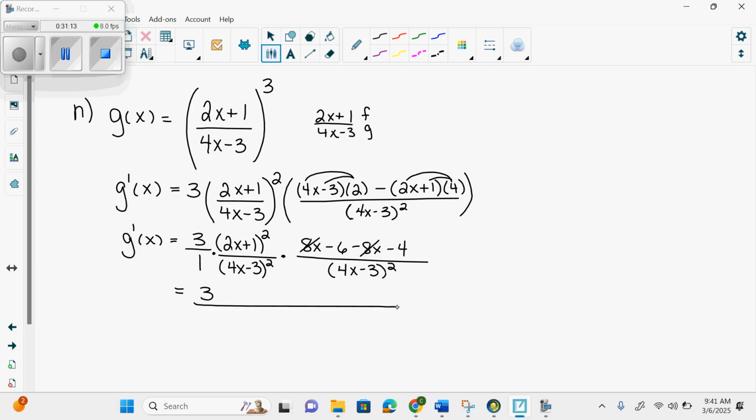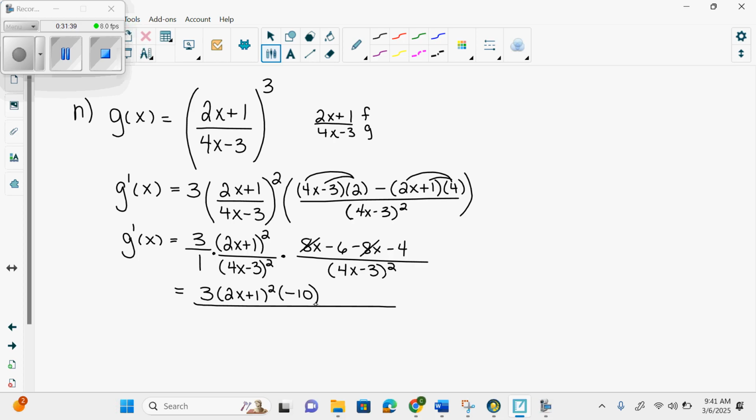The full numerator: 3 times 2x plus 1 squared times what? Negative 6 minus 4. Negative 10.